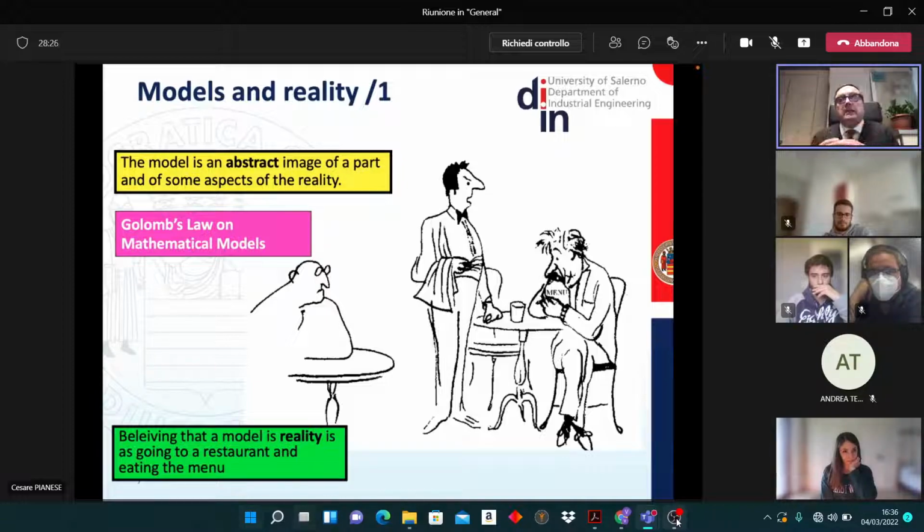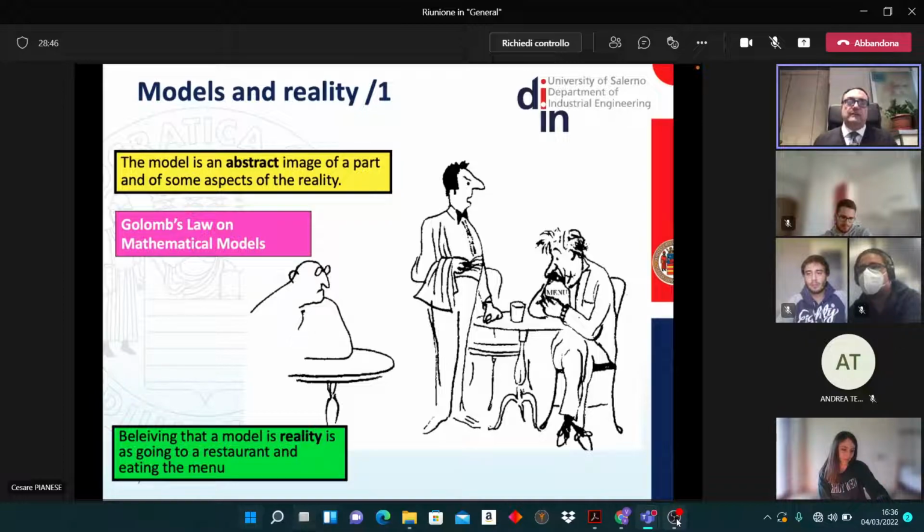There are many different ones. So if you increase the representation of the reality, the model will be better, but it will not be the reality, because on the menu, even with the picture and the explanation given by the waiter, you will not smell the food, you will not taste it.